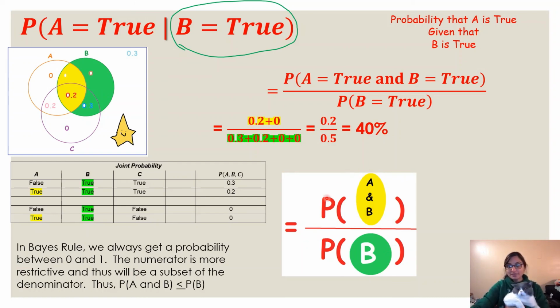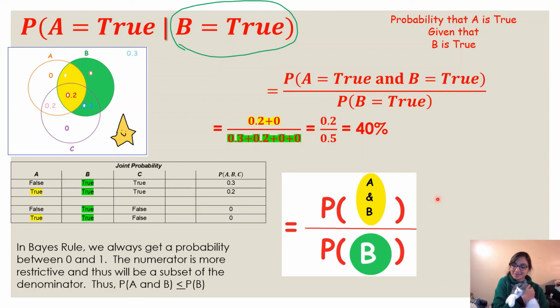If the probability of A and B is nothing, if they don't have anything in common, that could be 0. Or if they're just the same thing pretty much, then it can be 1. But in general, the denominator is always going to be bigger than or equal to the numerator, because the numerator is just a subset.